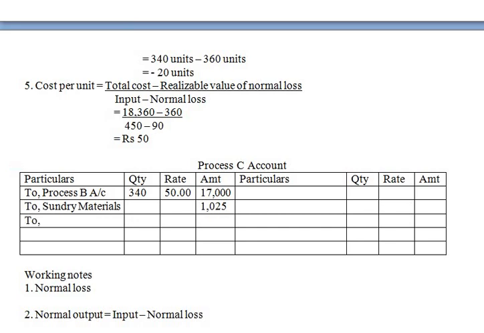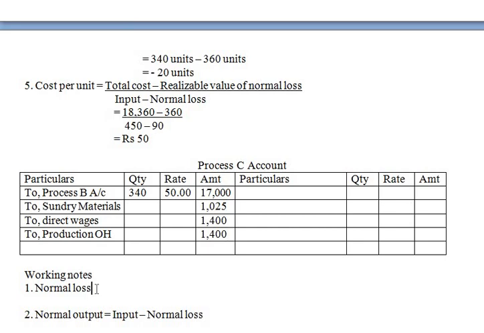Next is to direct wages, amount is 1400. And next is to production overheads, that also is same, 1400.